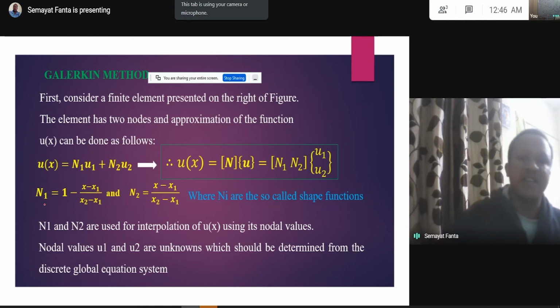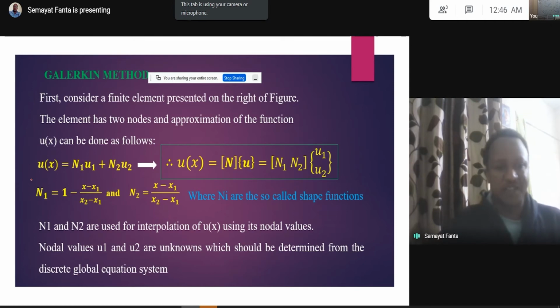The shape function N1 is given as 1 minus (x minus x1) over (x2 minus x1), and N2 is (x minus x1) over (x2 minus x1).